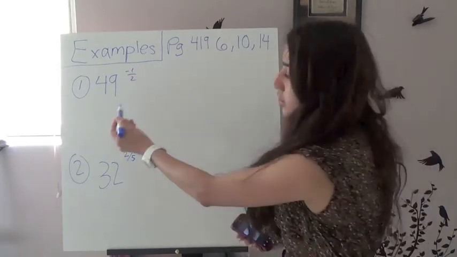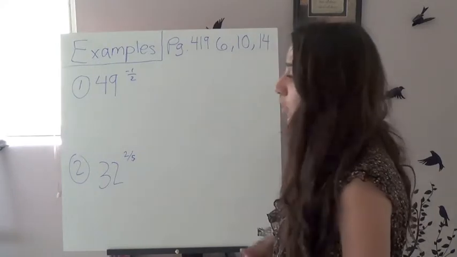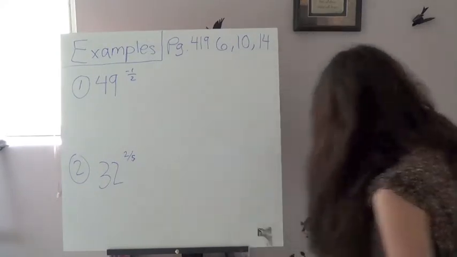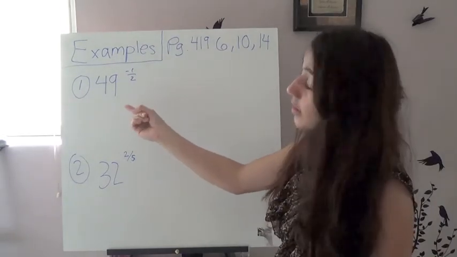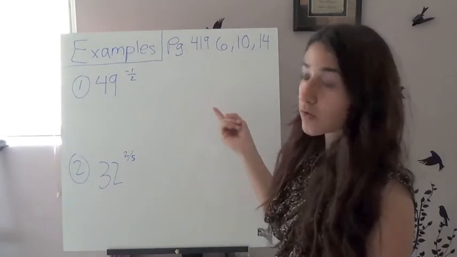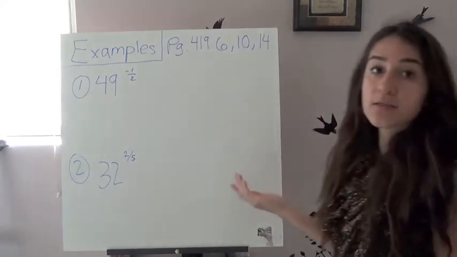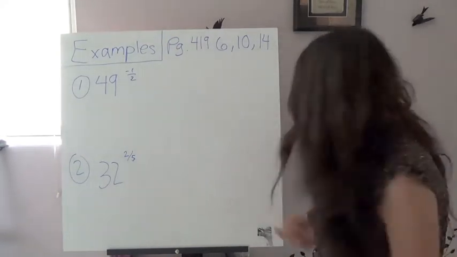So we are changing this into radical form. This is exponential form, so you're going to be turning exponential form into radical form. And this is what's different about this lesson.